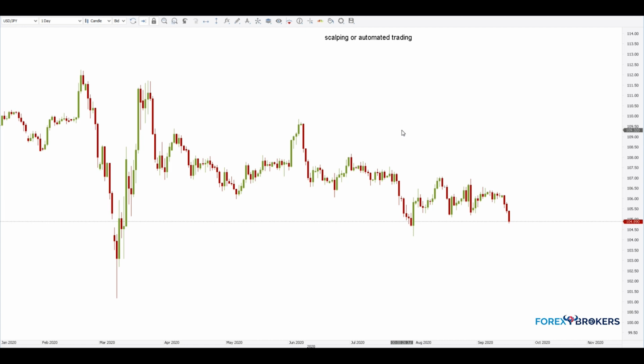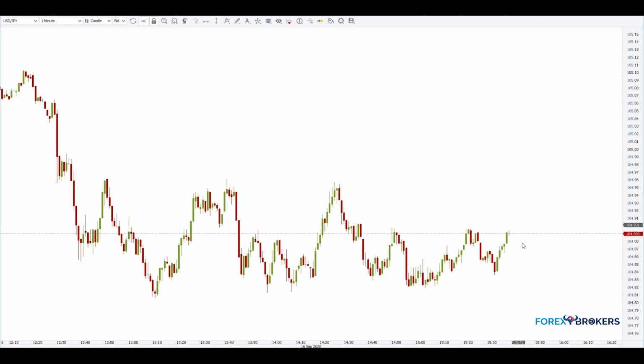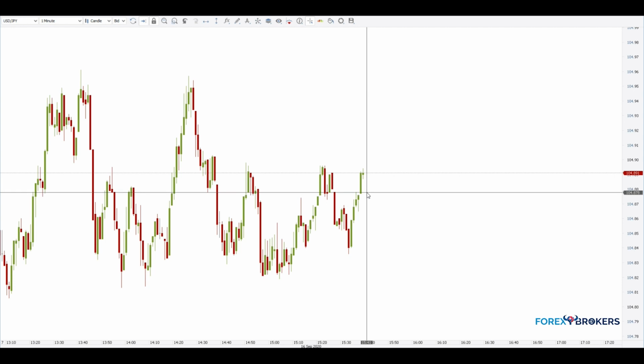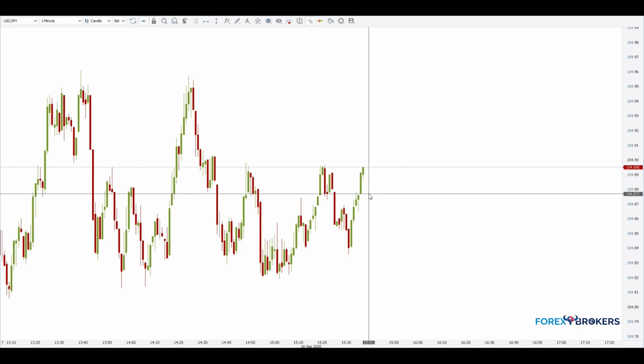The disadvantage of using scalping and automated trading on the lower time frame is that you will often have slippage, especially on the 1 minute chart and so on. Imagine that each candlestick here represents 1 minute. Now, see here, from this candlestick to this candlestick, there is a gap. It's not big. 104.877 was the opening.